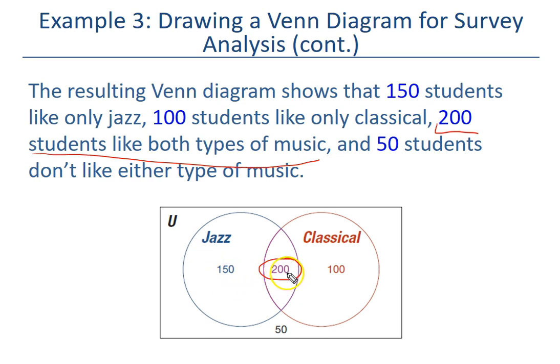So you would subtract 200 from the 350 and get those that just liked jazz. And if 300 like classical as well, you'd have to subtract the 200 from the 300 to get the 100. Now again, how many students made up the universe? Well, we said there were 500. It looks like my pen froze there for a moment. There we go.